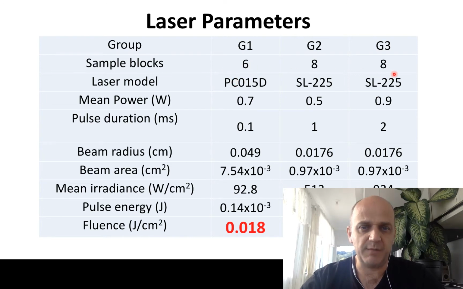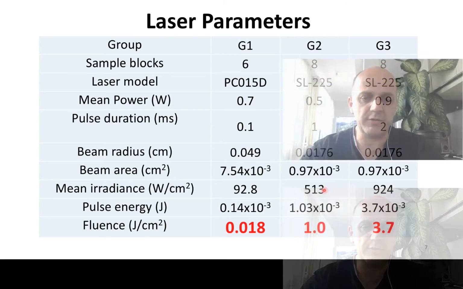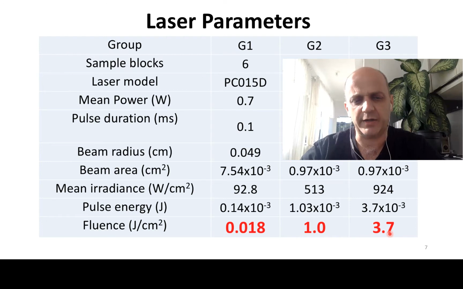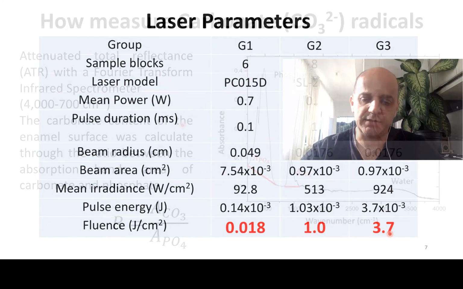Different numbers of samples. The first equipment, and here we have the second equipment. Different mean powers, pulse duration, mean radius, mean area, mean irradiance, pulse energy, and finally we have 3 different values for the fluence: 0.018 joules per square centimeter, 1 joule per square centimeter, and here the higher fluence, 3.7 joules per square centimeter.